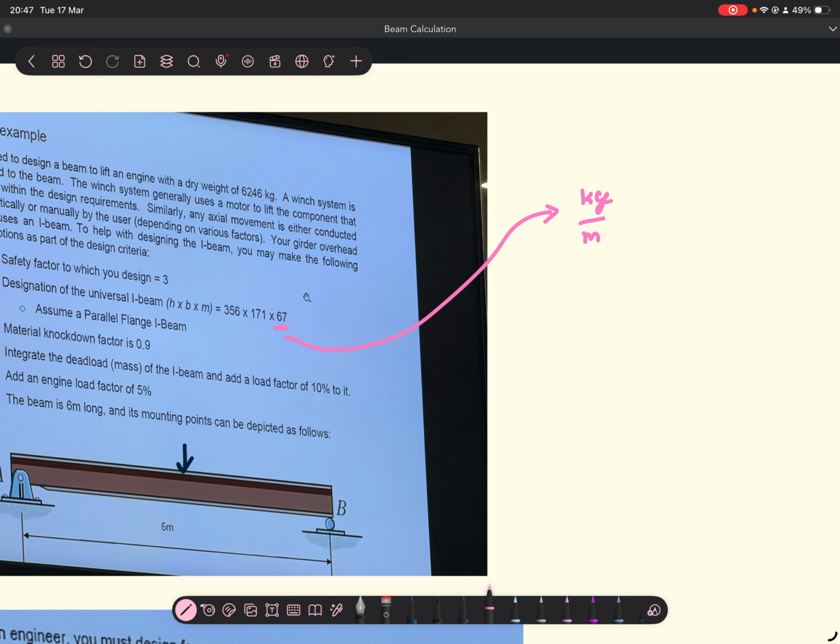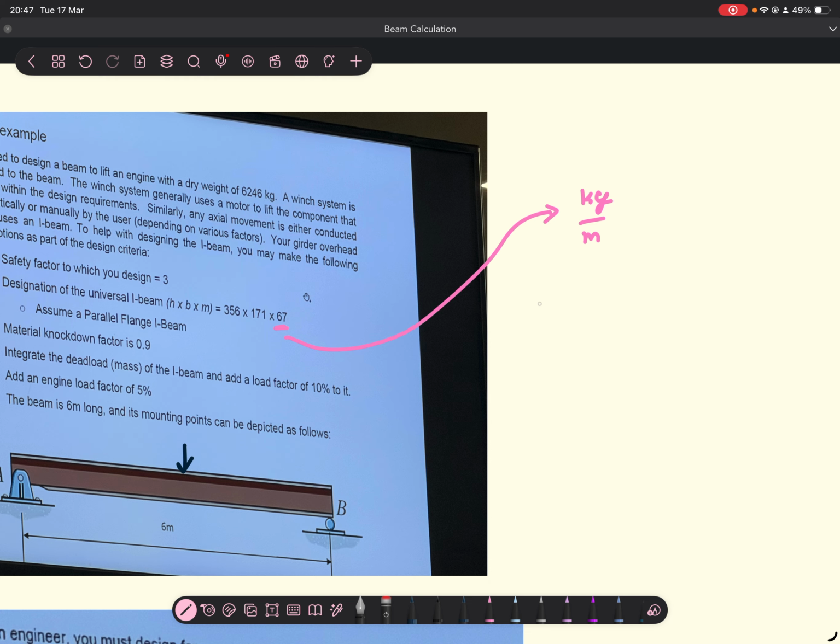It's the linear density. There are 3 types of density as far as I know. So you have linear density, you have area density, which is kilograms per meter squared, and then you have volumetric density, which is the one we are used to, which is kilograms per meter cubed.